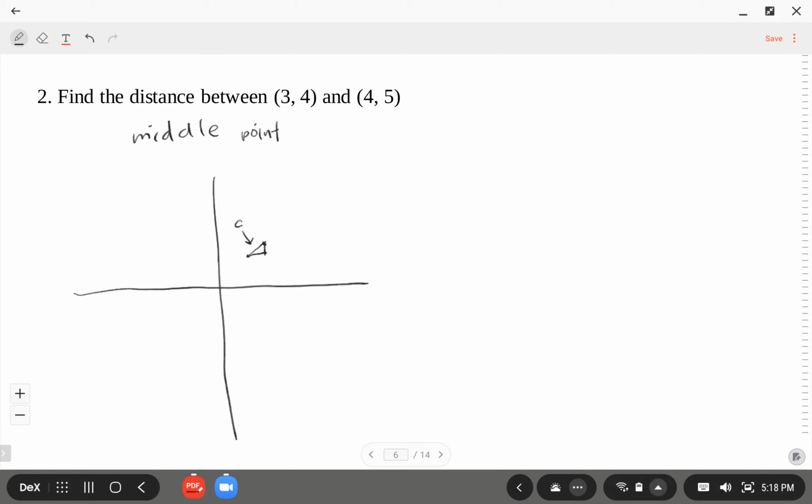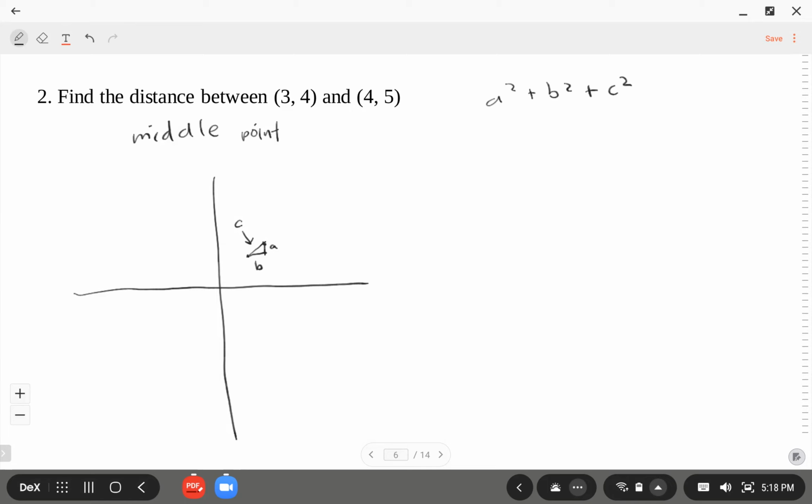So how do we find c? The formula for the Pythagorean theorem is a squared plus b squared equals c squared, right? Now we just have to find a and b. Let's say a is right here and b is right here. Then it's very easy, right? You just subtract the x coordinates, subtract the y coordinates, and then you get a and b.